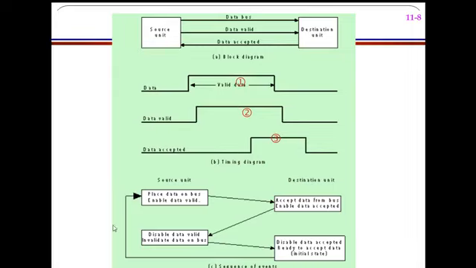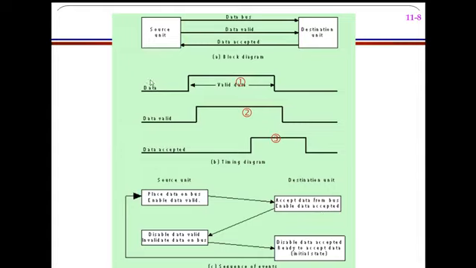So what actually happens is the source unit places the data on the bus and enables the data valid. After that, the destination accepts data from the bus and enables the data accepted.